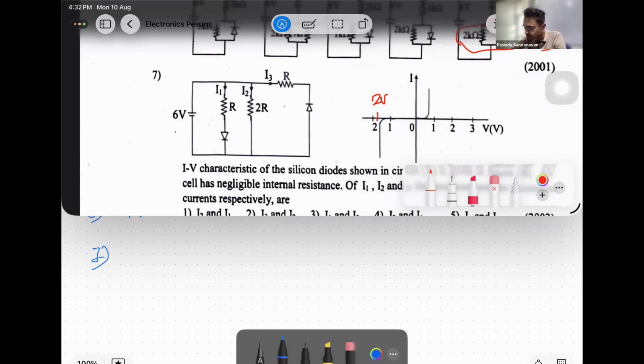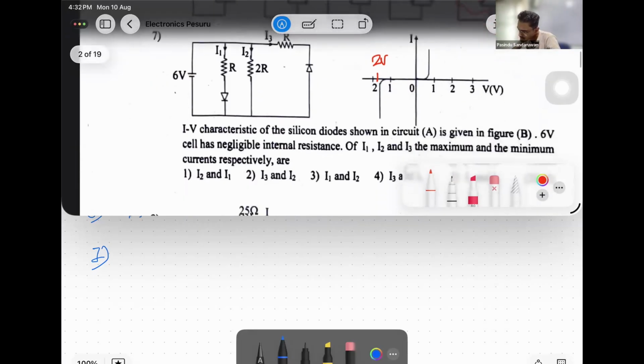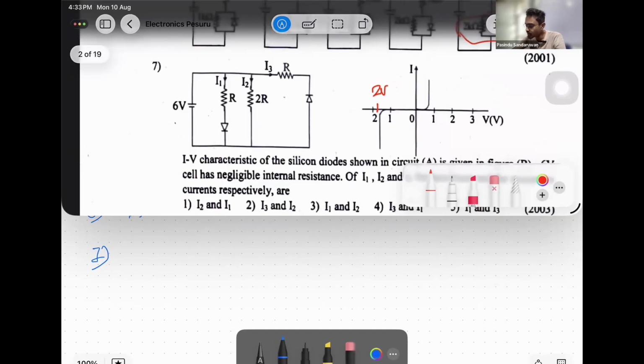And about one more thing, its forward biasness. Forward bias voltage barrier is here, right? That is close to 1.